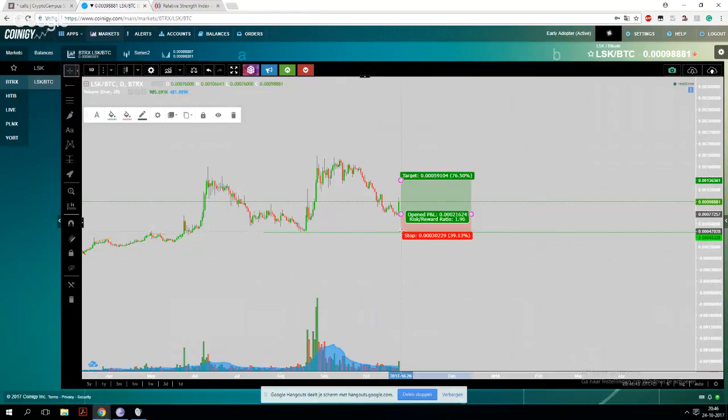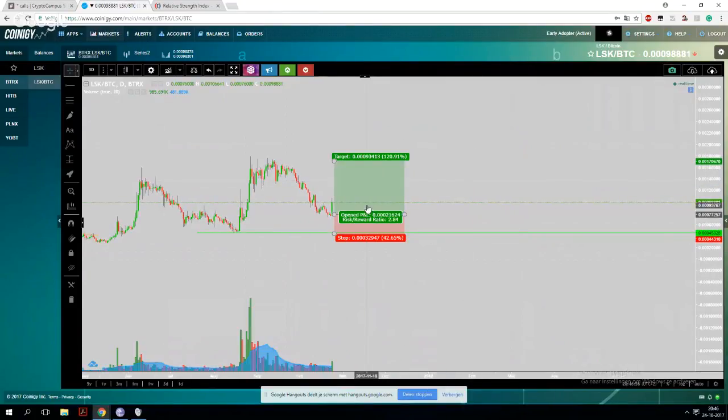And I will tell myself, okay, if we go below this level, my trade will be invalid. If we go, for example, to the last stop, I will sell. You need both of these, so the target, the entry, and the stop for your trade to be a trade. If you forego one of these, you are not trading, you are gambling, and you are better off going to the casino and putting everything on red.